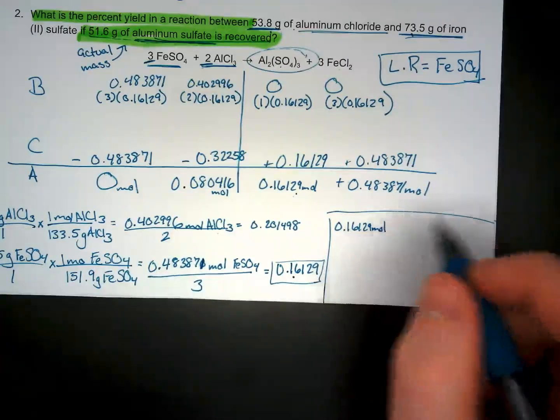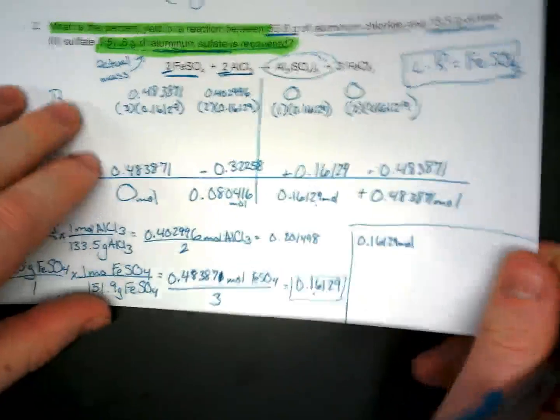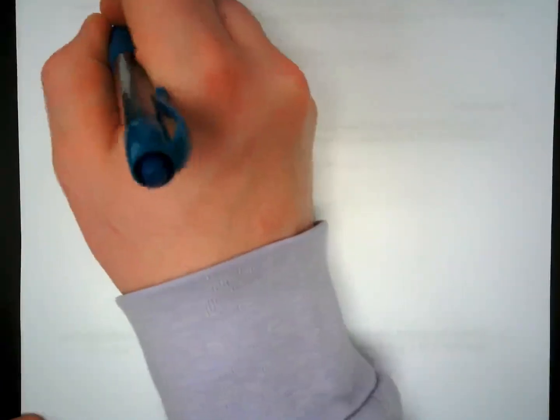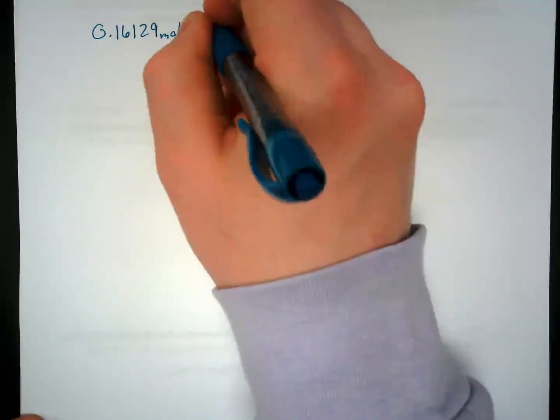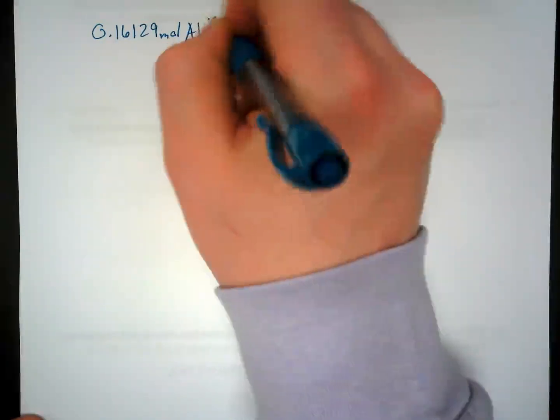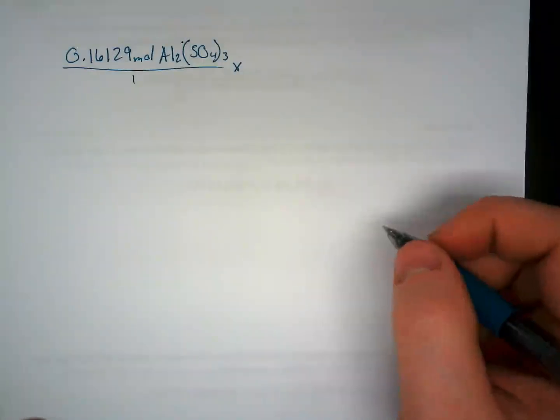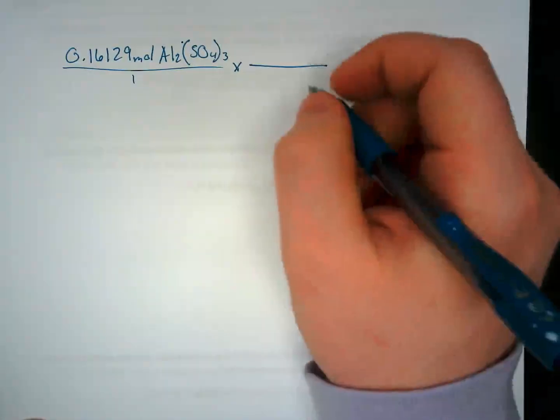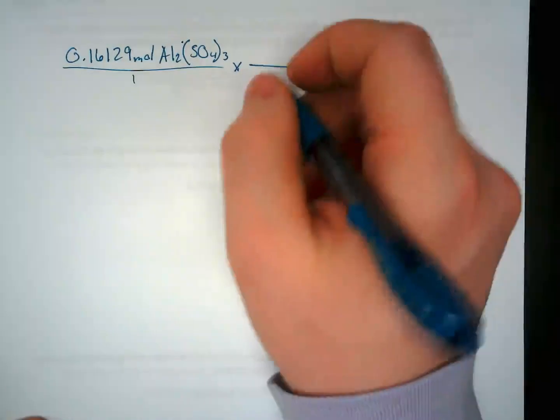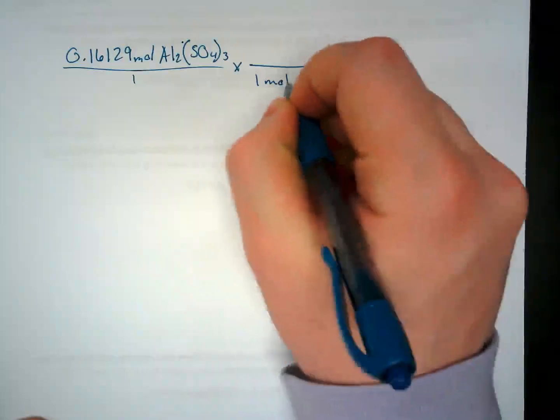Actually, I'm gonna do this on the back of the paper here. So it's going to be 0.16129 moles of aluminum sulfate. Okay. And then we are converting from moles to mass, so we're going to use some molar mass.